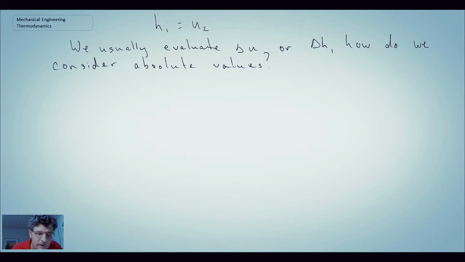In order to do this, we look back at the definitions for how to calculate either internal energy or enthalpy from the specific heats. And remember, for ideal gases, we said the equations were as follows. So we can integrate these equations.